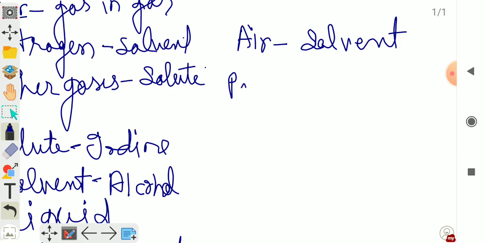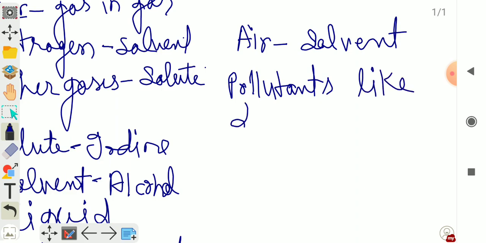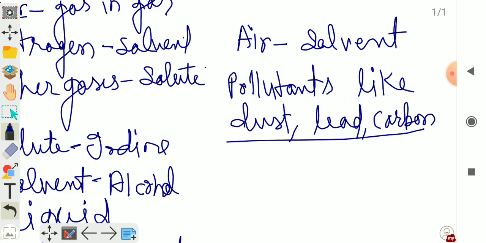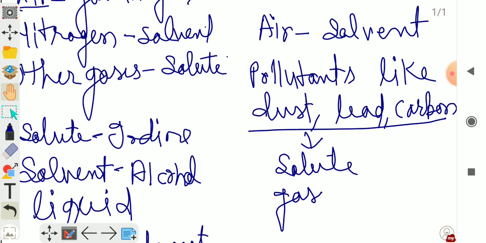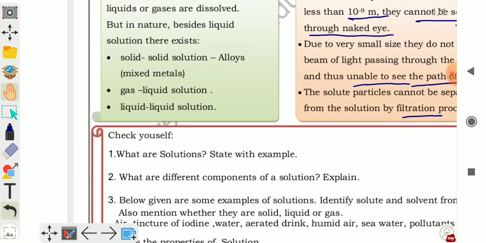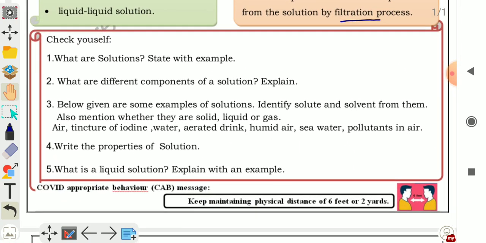So pollutants like dust, lead, carbon, all these are solute, and this is gaseous form.